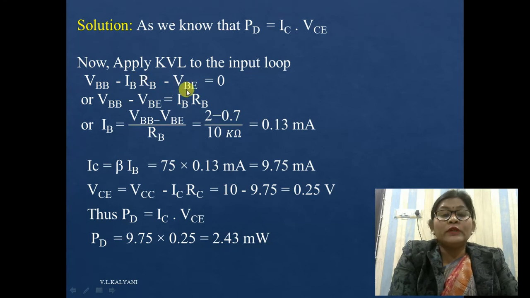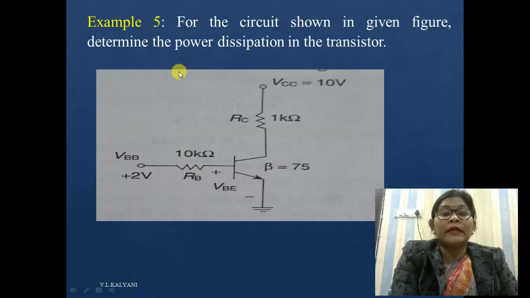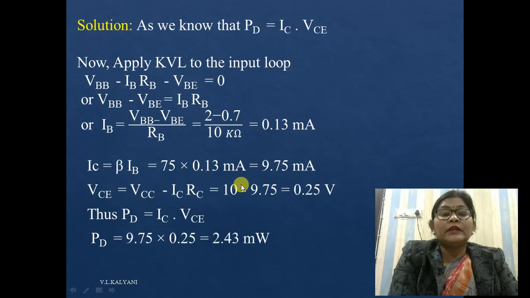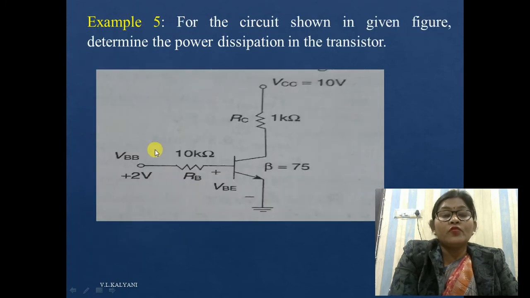So how to calculate this collector current? To do this, first you have to apply KVL to the input loop. So apply it over here in the circuitry, and the equation will become VBB minus IB into RB minus VBE is equal to 0.